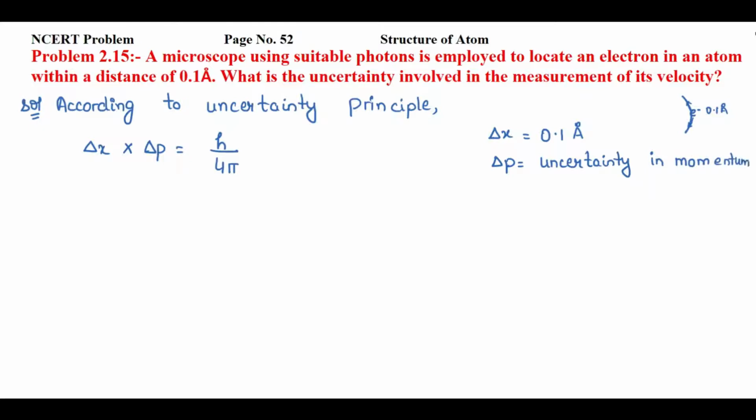The formula of delta P is m delta V, and our main target is to find the value of delta V. Now this m is mass of electron, 9.1 into 10 raised to power minus 31 kg, right? Delta V we have to find. Now this h is Planck's constant, 6.626 into 10 raised to power minus 34 joule second.